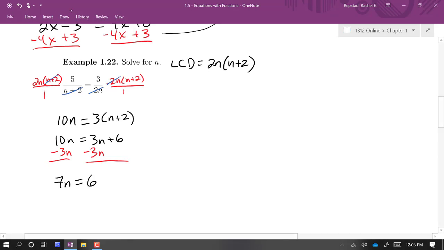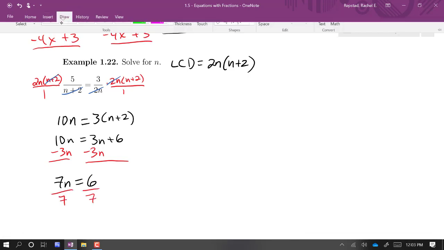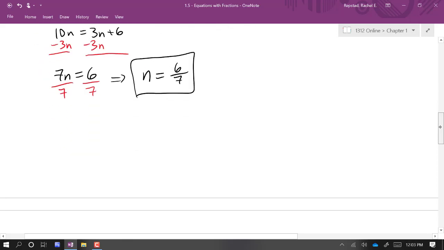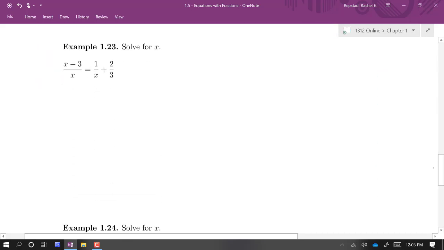Gives us 7n equals 6, and now it's all over but the shouting. All we need to do is divide by 7, and we get n equals 6/7. Okay, let's try another.